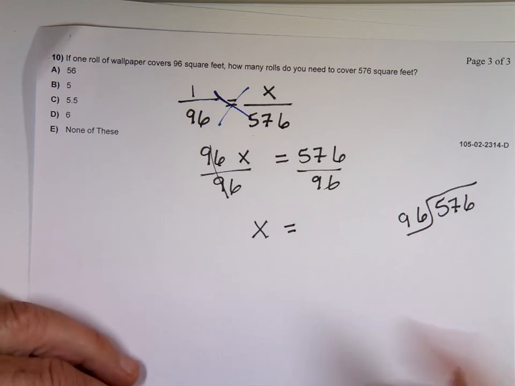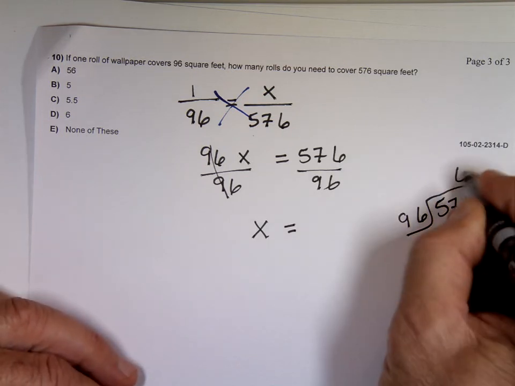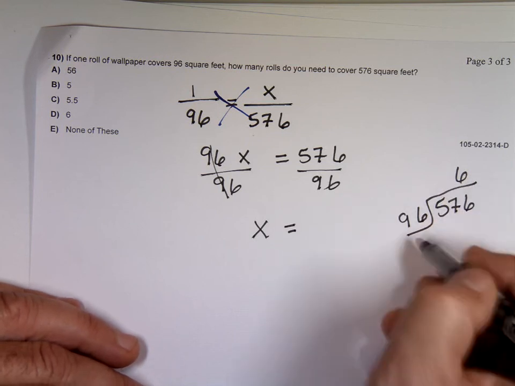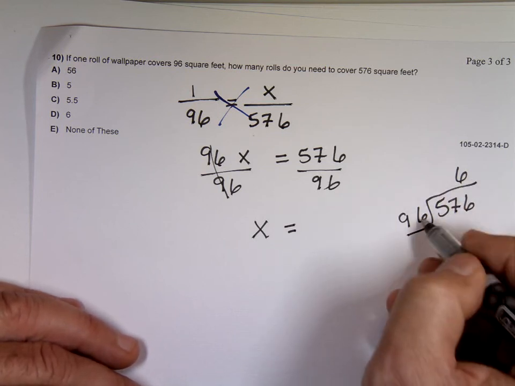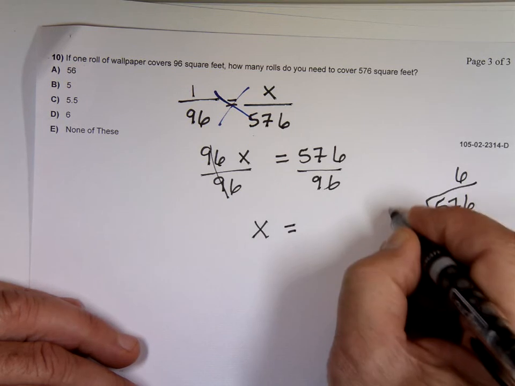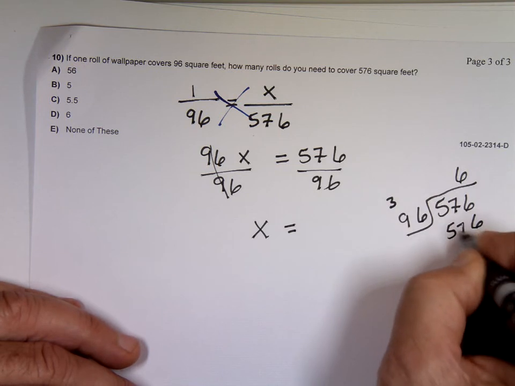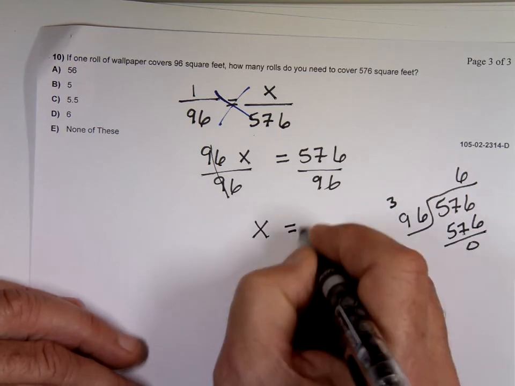Let's try 6 rolls. The reason I picked 6, I see 6 times 6, 36, just like a little hint. 6 times 6, 36. 6 times 9 is what? 54 and 3, 57. So x equals 6 rolls.